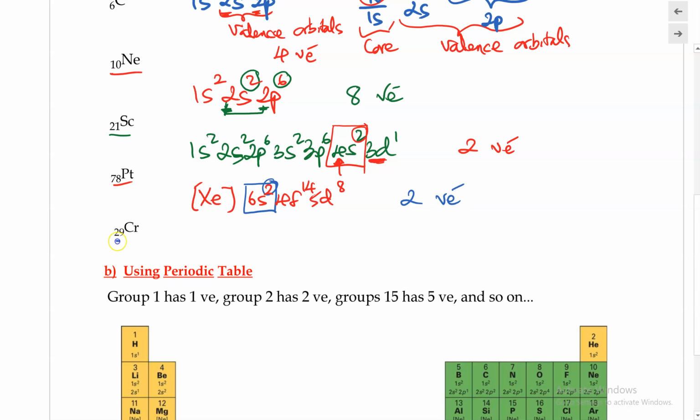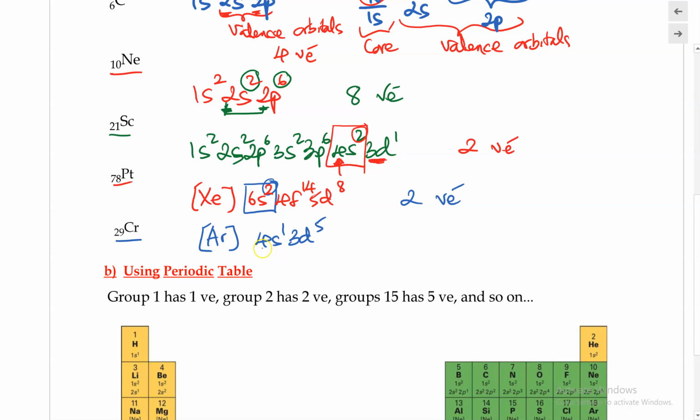And similarly, another example, chromium. In this case, the electron configuration of chromium has the argon core followed by 4s1 and 3d5. Now remember that chromium is one of the elements that is an exception to electron configuration rules that we need students to understand.